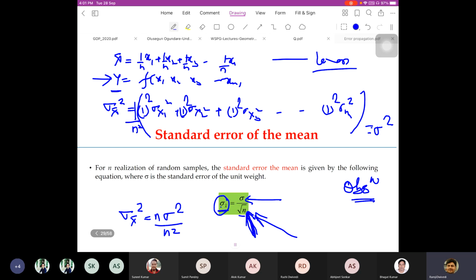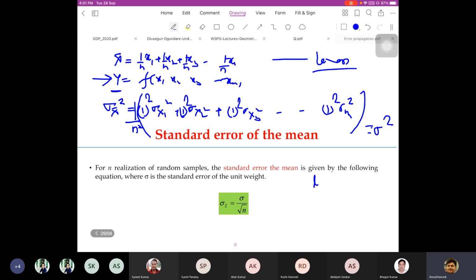Because ultimately, in the previous example which we were giving in many of the discussions, we are writing mu plus minus sigma, isn't it? If you just take the first example, I've given you the angle information is 30° plus minus 1 minute or 1 second.